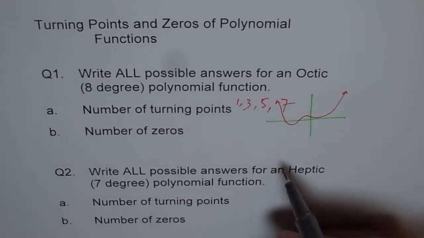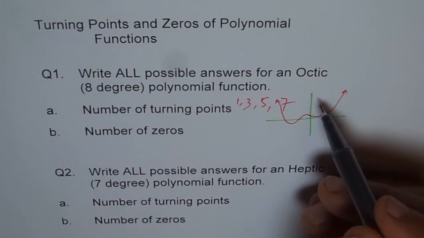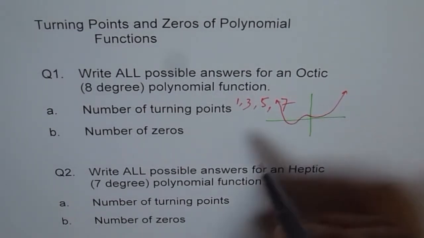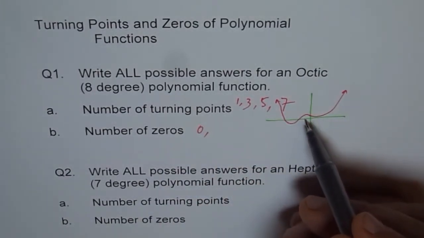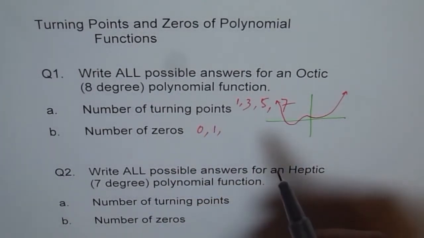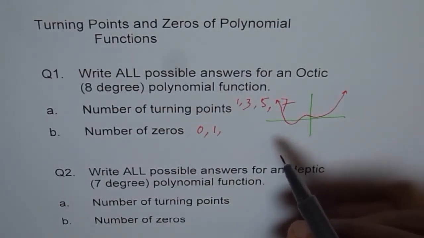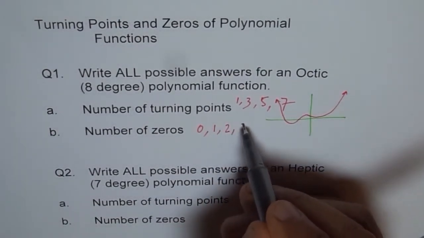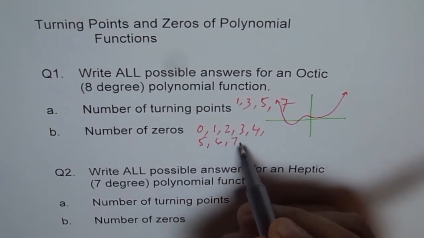Now, as far as zeros are concerned, the function could have been like this, without any zeros. Since it moves from quadrant 2 to quadrant 1, the number of zeros could be 0, or if it touches at 1 point, 1. The maximum number of zeros is equal to the degree. So there will be 0, 1, 2, 3, 4, 5, 6, 7 or 8.